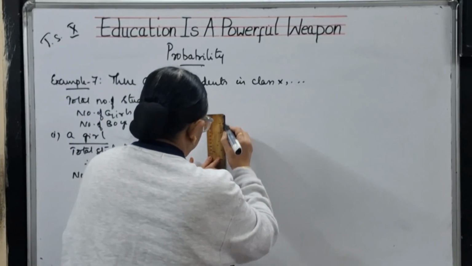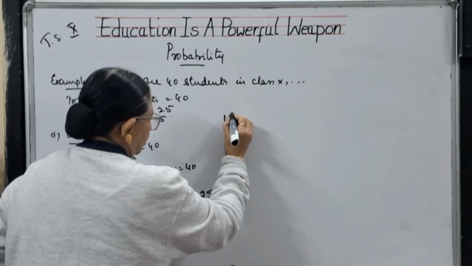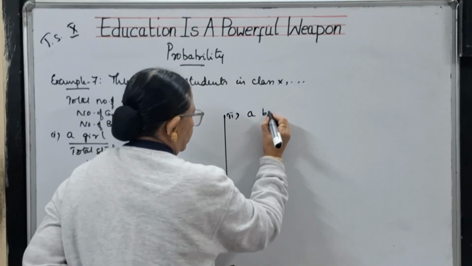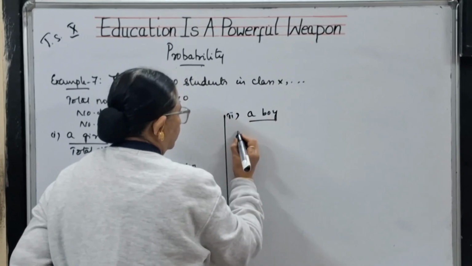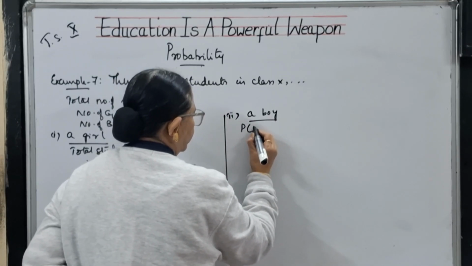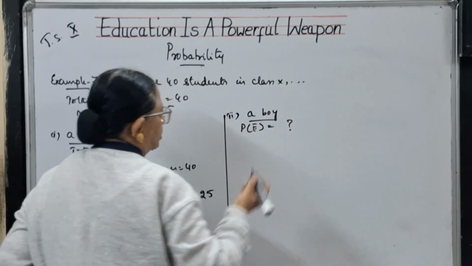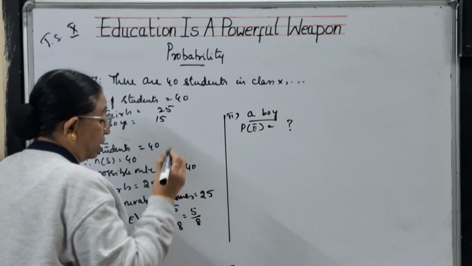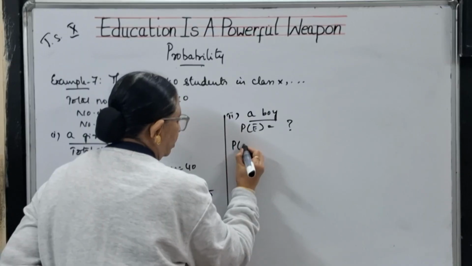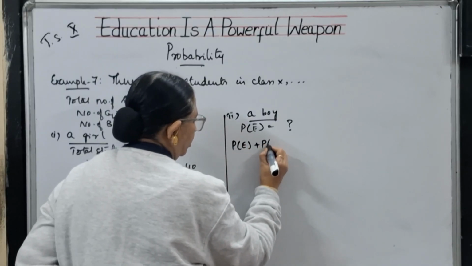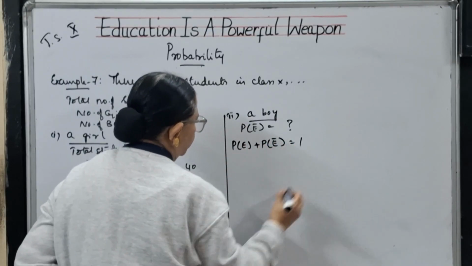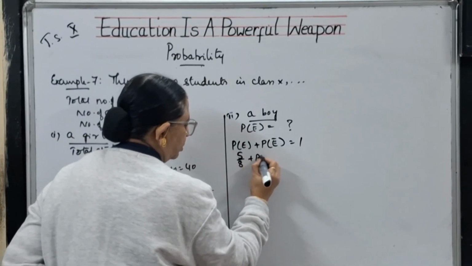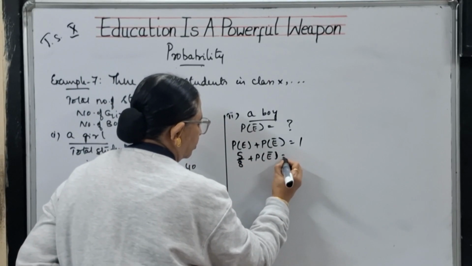Now, the next one is the second bit, possibility of getting a boy. So, this means what? P of E dash is equal to how much? Because there is either a girl or a boy, and the card will give the name. So, P of E plus P of E dash is equal to 1. P of E we have got 5 by 8 plus P of E dash is equal to 1.